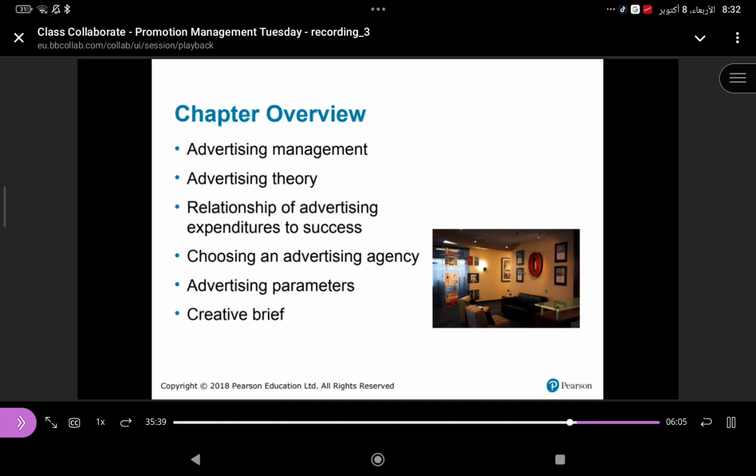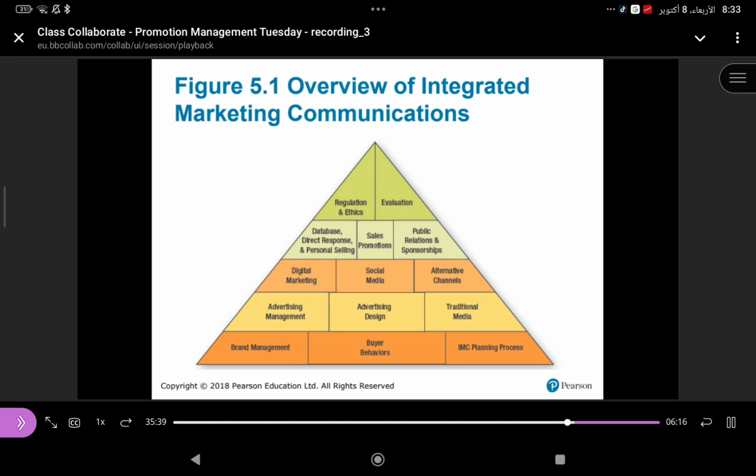And finally, at the top level, you will see regulation and ethics and evaluation. Regulation and ethics in advertising is a very important concept.